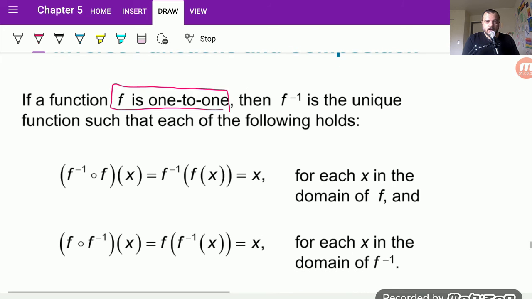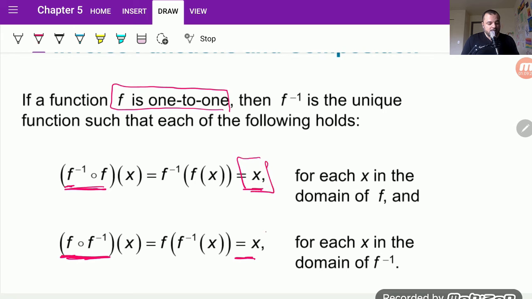If f inverse composed with f of x is equal to x, and f composed with f inverse of x is equal to x, then if we did the composition between f and f inverse in both ways and the answer has to be x, then these two functions are inverses of each other. If this fails, then this is not an inverse of that function.